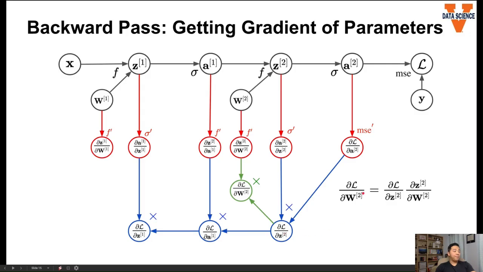So the partial derivative of L over W2 is going to be the chain of L with respect to Z2 and Z2 with respect to W2. And we know both of these quantities already, so we can calculate that rate of change without any problem. Chain rule is really nice in this case.